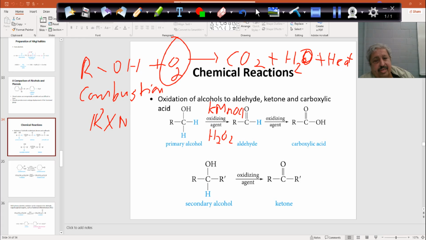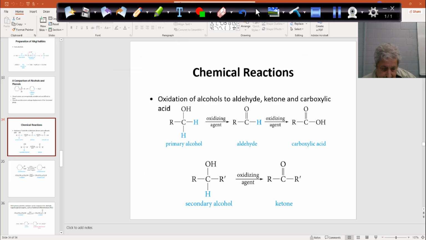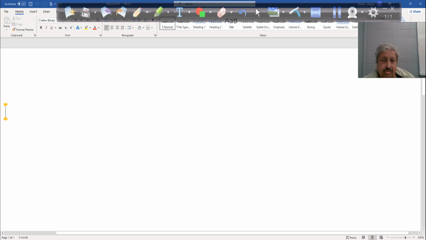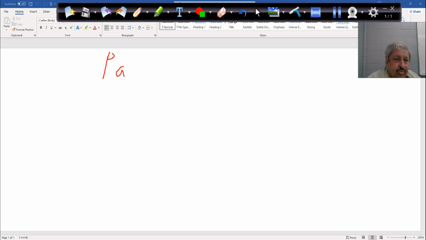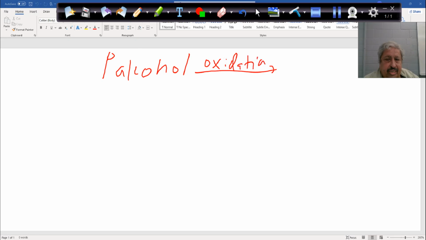So the primary alcohol will be oxidized to aldehyde. So let me write this one here. Hold on, I'll take this one out and give you an example here. So, guys, here it is. Primary alcohol will be oxidized. Again, we will not use pure oxygen. That's a combustion reaction.